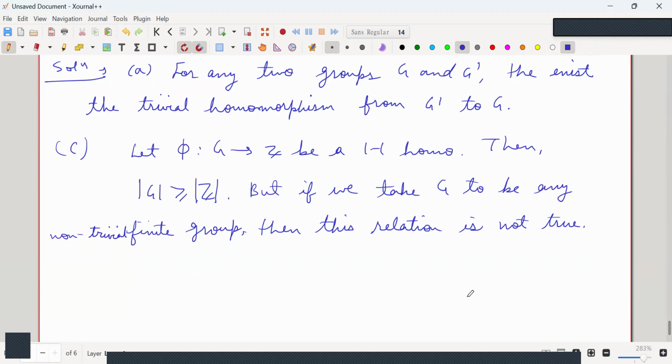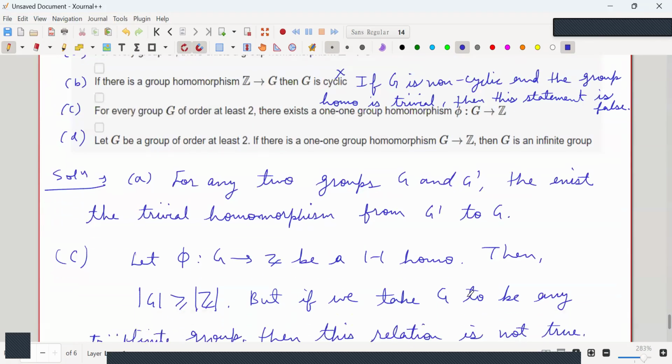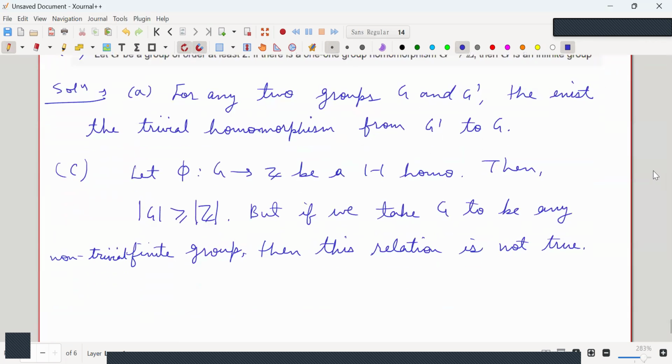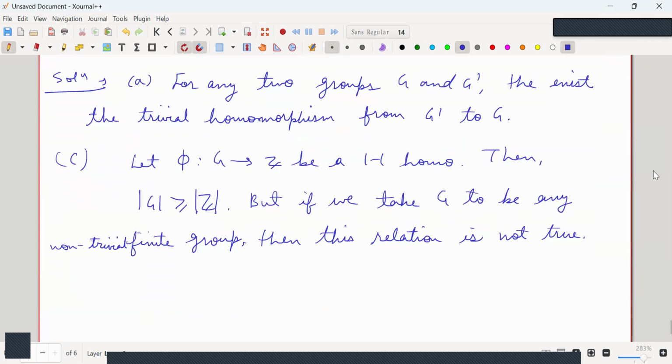Excuse me, sir. Yes. I did not follow this proof. Why is the order of G greater than or equal to the order of Z? If it is a 1-1 map, then the size of the domain should be at least the size of the codomain, right?